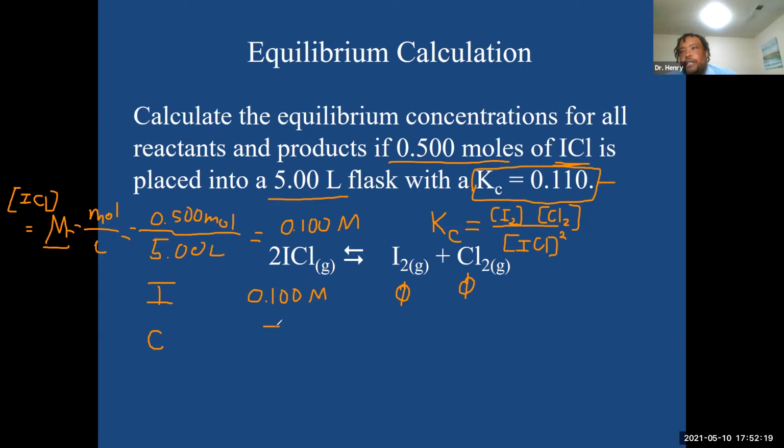So in this case, this guy's going to be minus X. These guys are going to be X. So equilibrium is going to be the sum of the initial and the change. Okay, so then we can use this and plug it into our beautiful equation here.